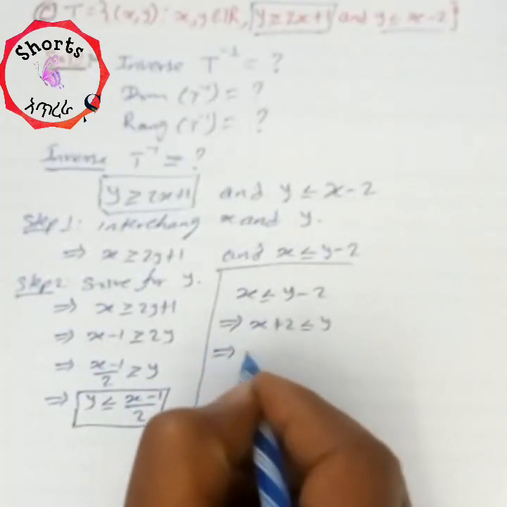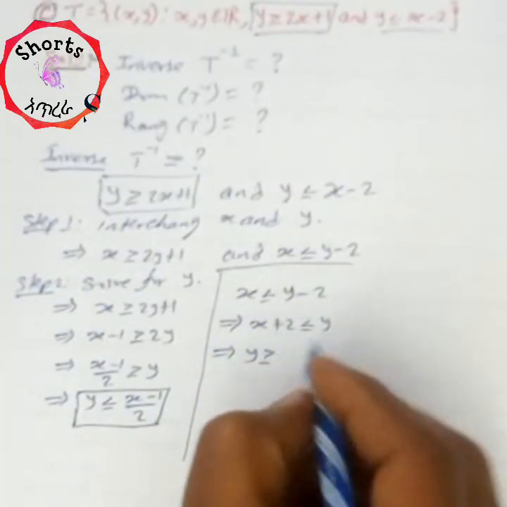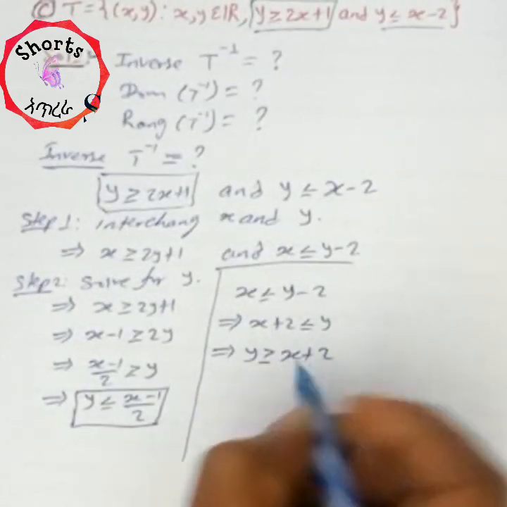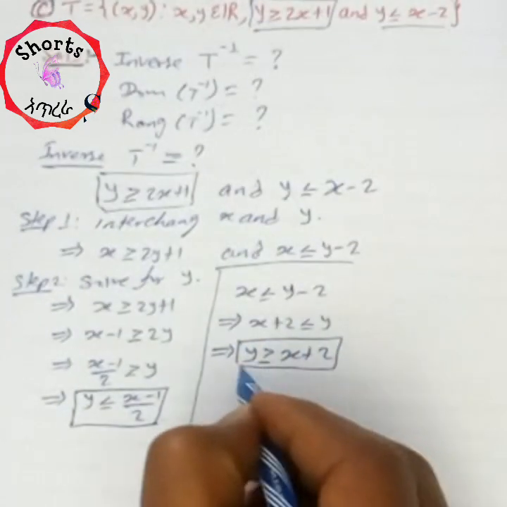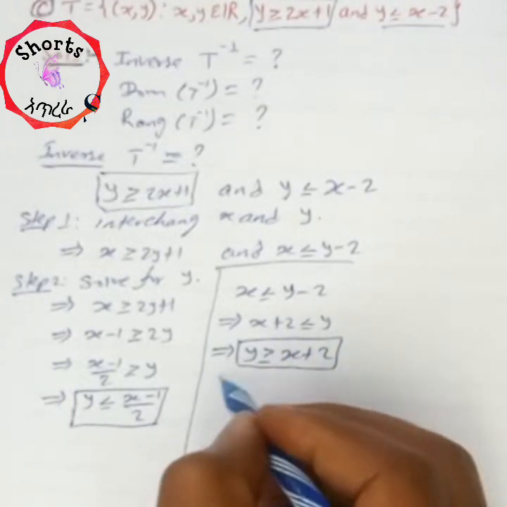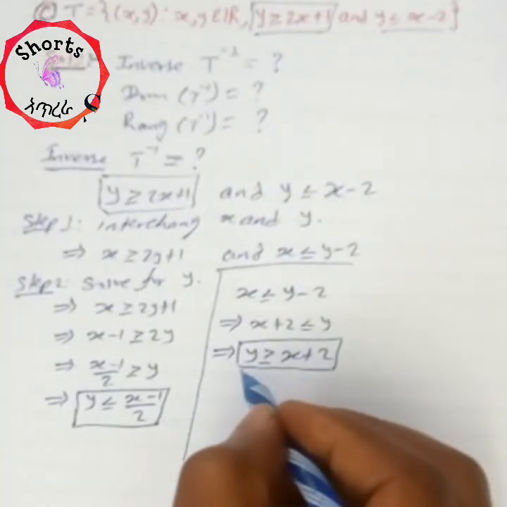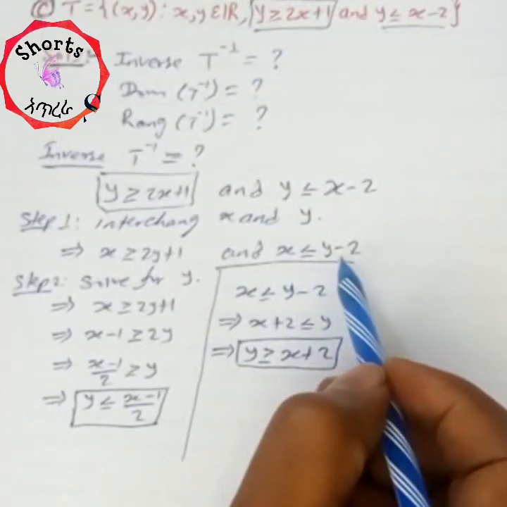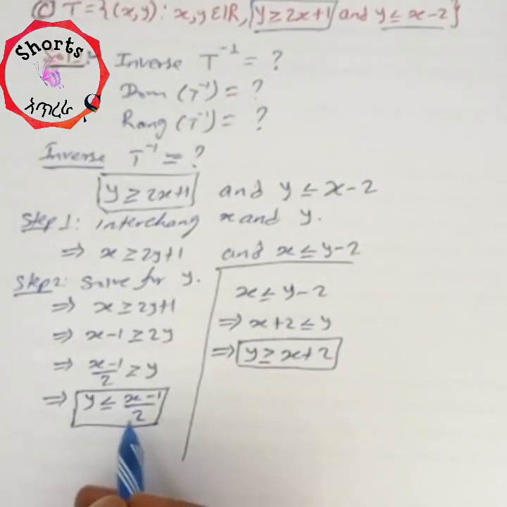This is the same as y greater than or equal to x plus 2. Now we have obtained the inverses of the inequalities.